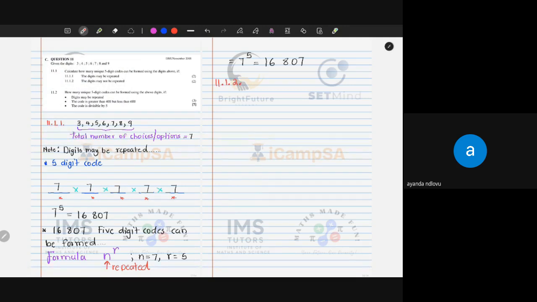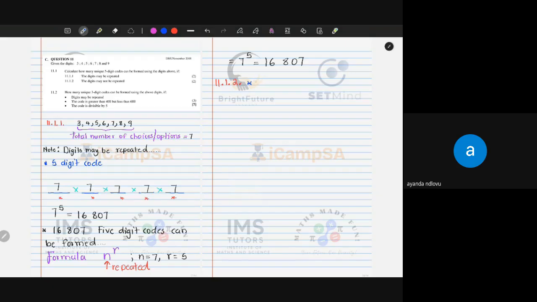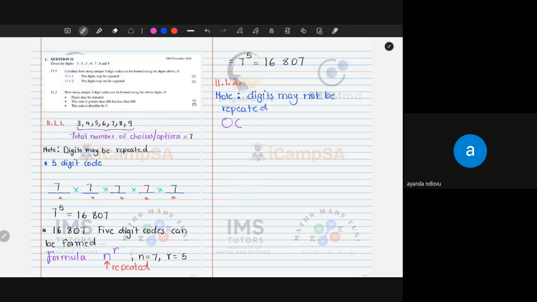So let's go to 11.1.2. They say the digits may not be repeated. So that is the note that we need to make there: the digits may not be repeated. And guess what? Because we are so smart and we learned from this lesson, we can say, okay, I'm going to do it in 2 ways.